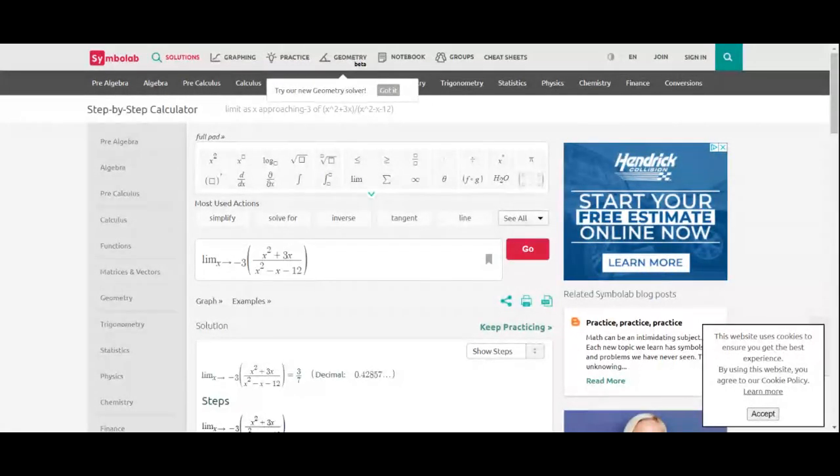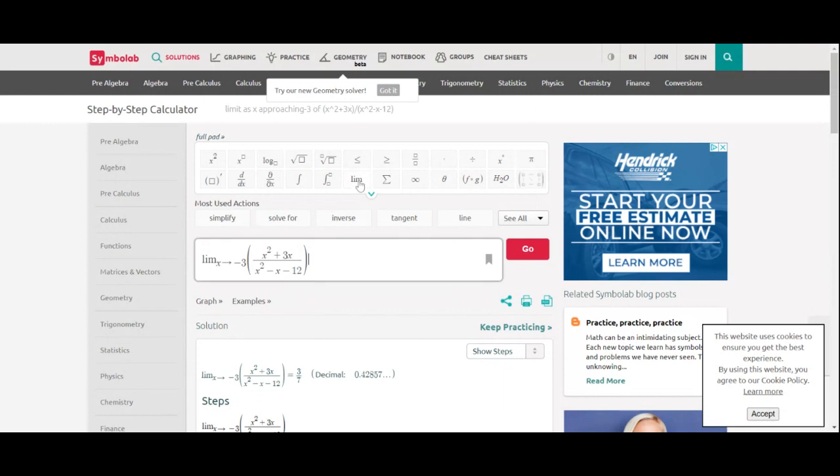All right, so like I said, Symbolab, you can see the title up there in the upper left-hand corner. This will actually do a lot of things for you, okay? So in terms of derivatives, integrals, limits, a lot of different calculus stuff. You can see there's even summations there. So in this case, if you want to do a limit, you can see the one that I've got typed in there. It's the first example.